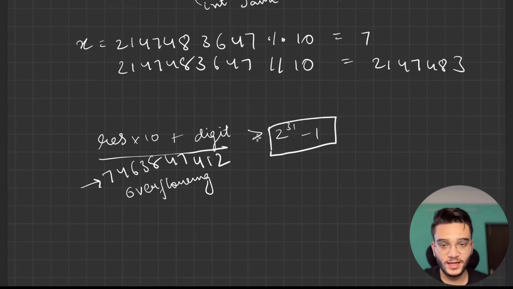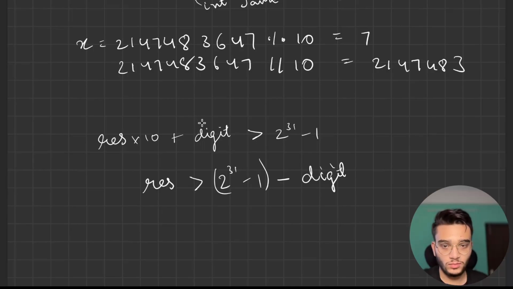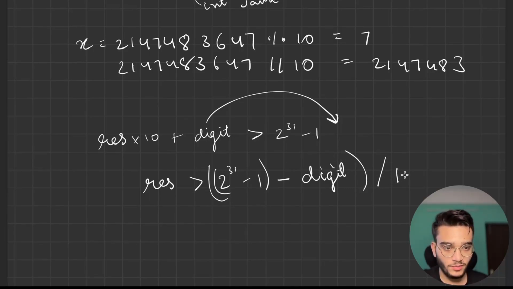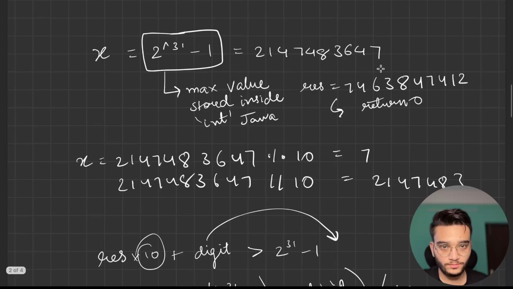So instead of writing it like this, what we can do is, if res is greater than 2 to the power 31 minus 1 minus digit, this whole thing divided by 10. Now what would happen is this res would stay like this.